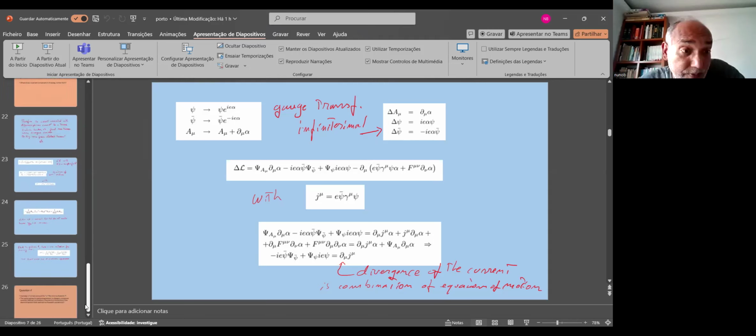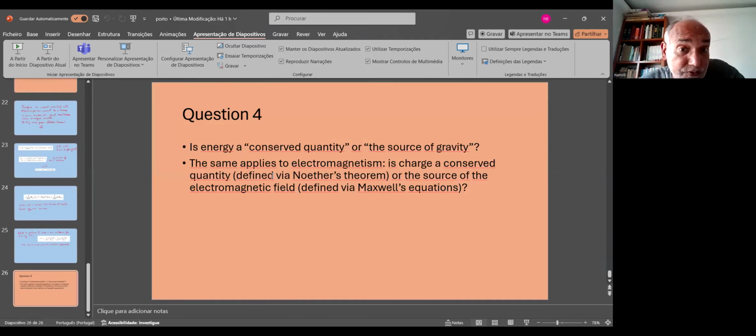But my point here was in which way we should look at these things. For instance, and this is for energy, in general relativity we don't have in general such a conserved quantity, in the sense that its divergence is zero. We have the covariant divergence zero, which is different.